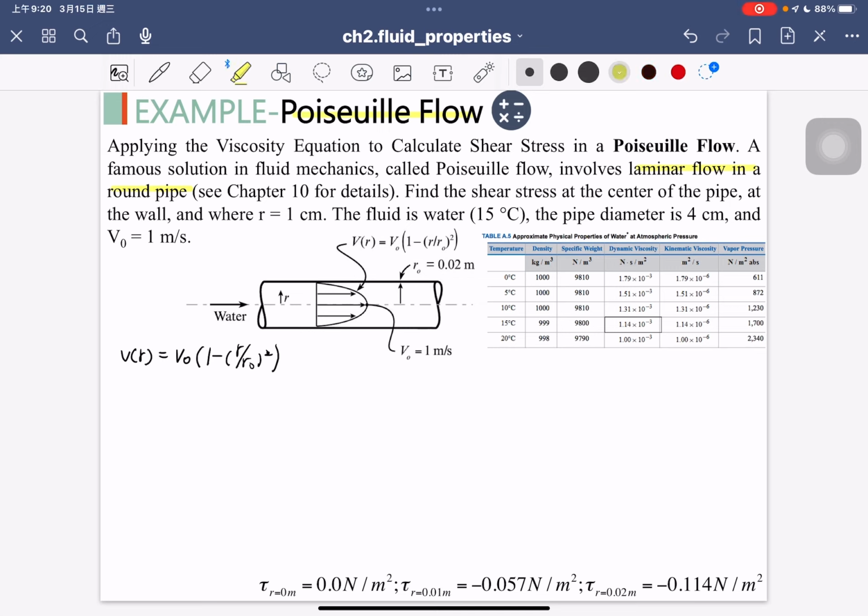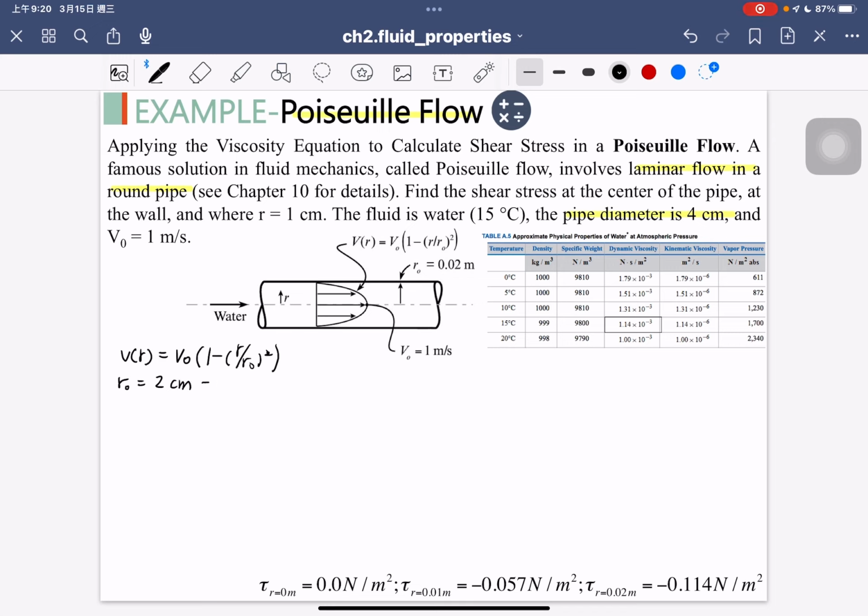So you can see the exercise we have. We already know the pipe diameter is 4 centimeters. So we should know R0, because R0 here is the radius, and the diameter is 4 centimeters. That indicates the radius should be equal to 2 centimeters.